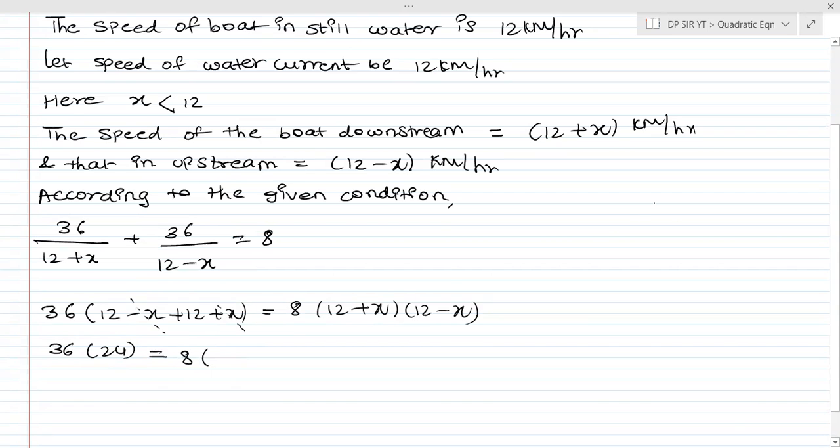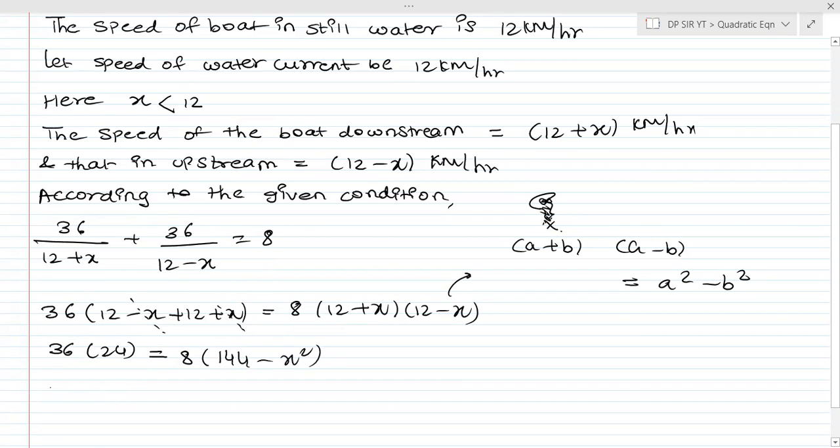If you look carefully, this is a plus b, a minus b, which is equal to a square minus b square. Please note, don't forget the formulas or else you will just get stuck in solving. So 12 square is 144 minus x square.